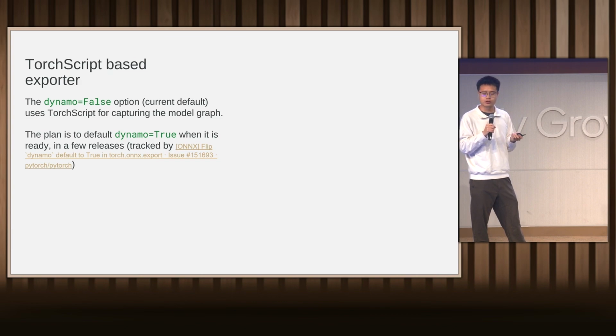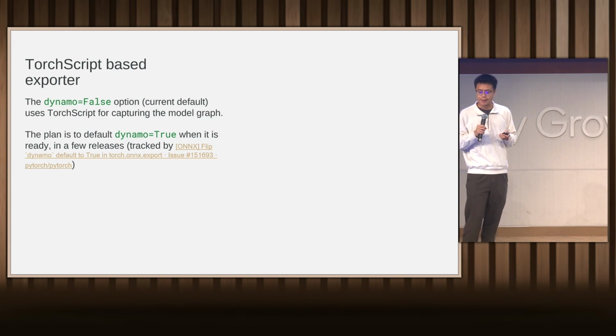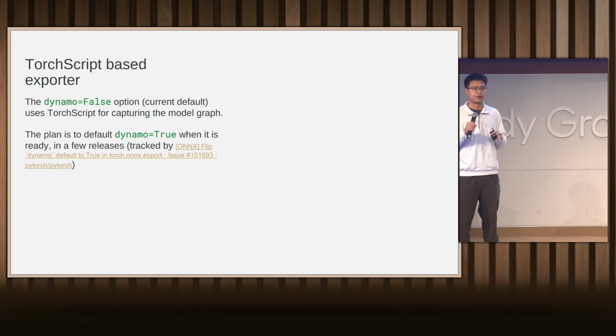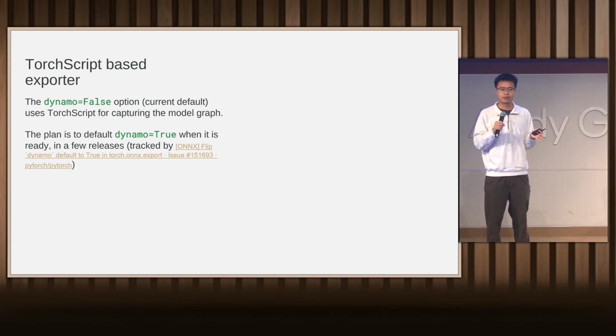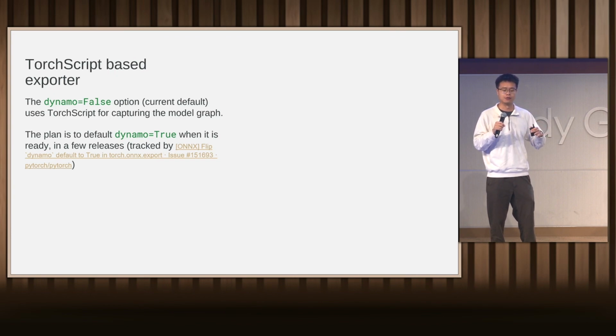For the TorchScript-based exporter, the plan is to deprecate it. It has been very popular and widely used. Deprecation doesn't necessarily mean the removal of the option, since TorchScript isn't going anywhere. We expect it to follow how PyTorch core is handling TorchScript.